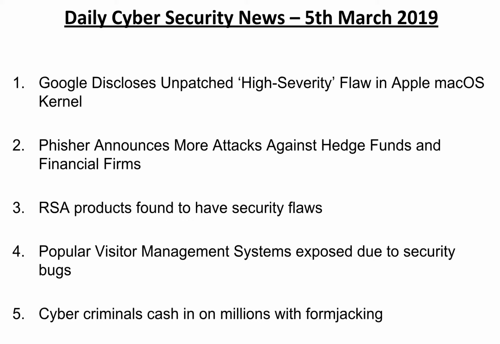That was one part, but in addition, the researcher from Project Zero also found a similar copy and write behavior, which they named CVE 2019-6208, by abusing another function in the macOS operating system.